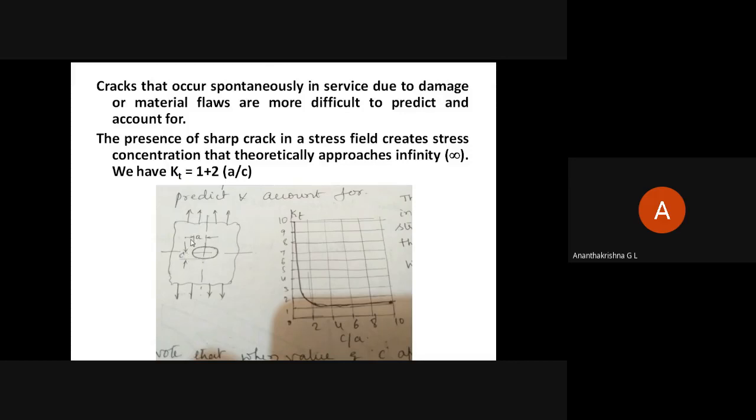This is C and this is A, subjected to tensile loading. Kt stands for the stress concentration factor. Please note down these two sketches in your notebook first, and note down this equation: Kt equals 1 plus 2 A by C.